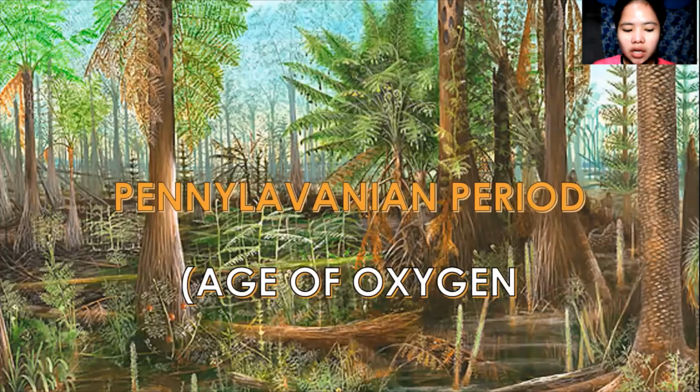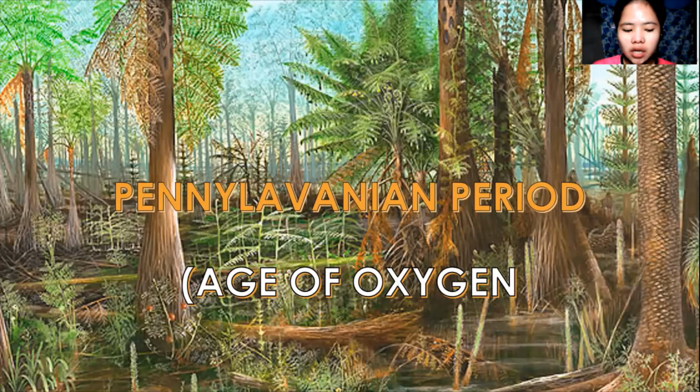And the next subperiod is the Pennsylvanian period, or the age of oxygen. So land was rising out of the water. So this is where nagbukas o tumubo kumbaga, nag-occur yung lupa from the water, from the rivers, oceans.